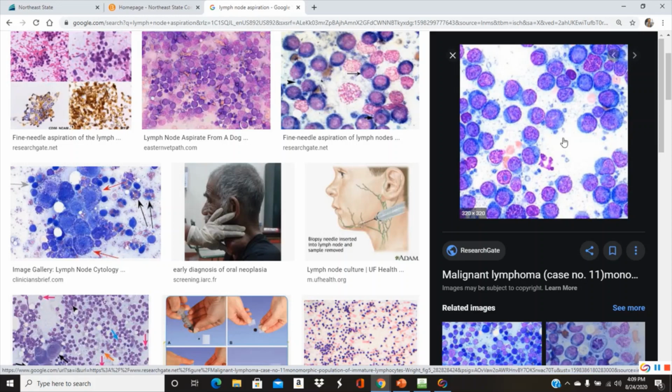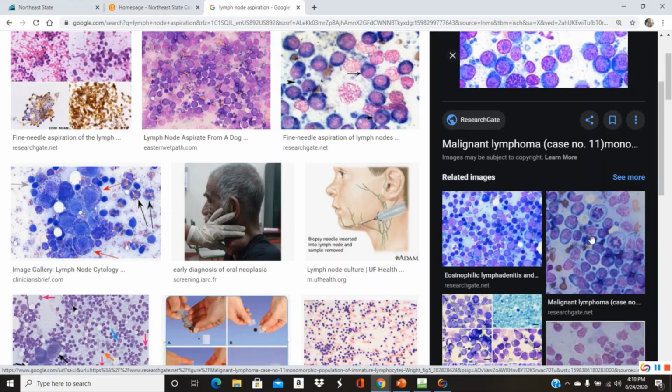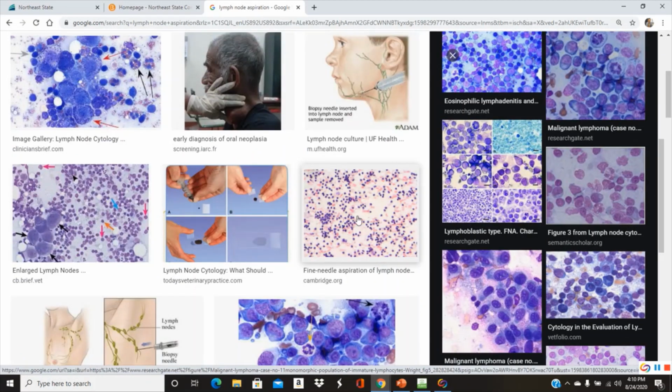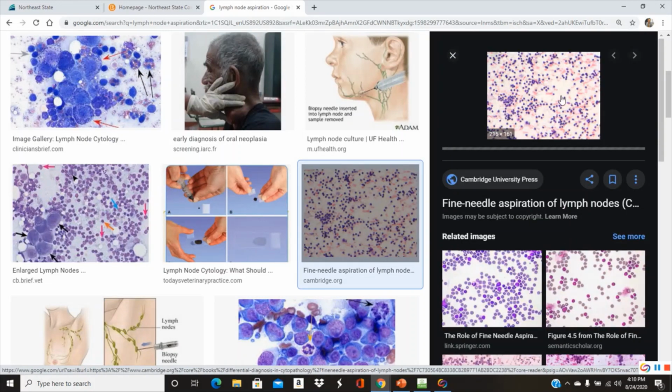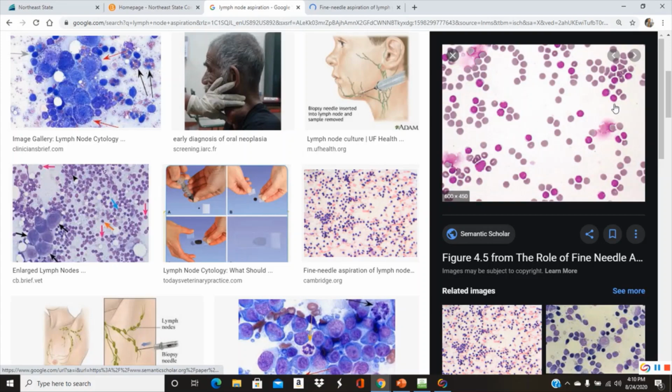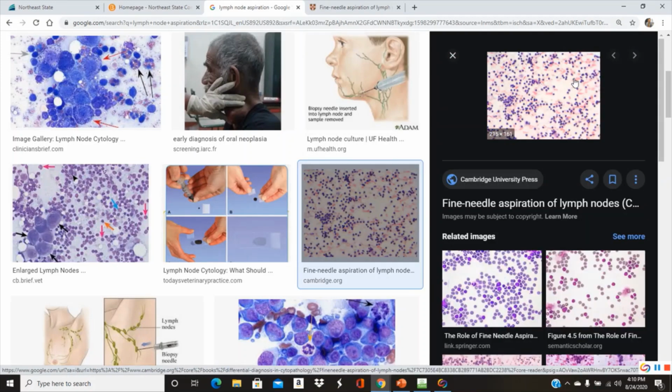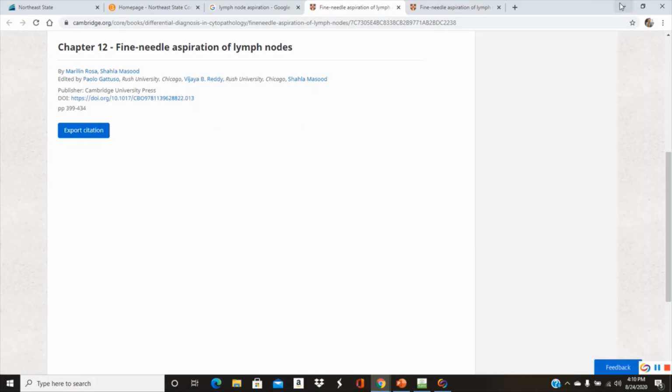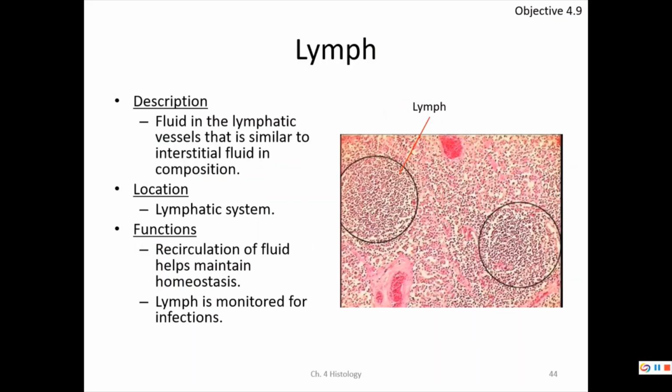These are malignant lymphomas, but these are used as diagnostic tools where you stick a needle in and do what's called a lymphoid aspirate. I think that's one of the best ways to get the image we really want, the lymph node aspirate. So I probably will change it up to that.